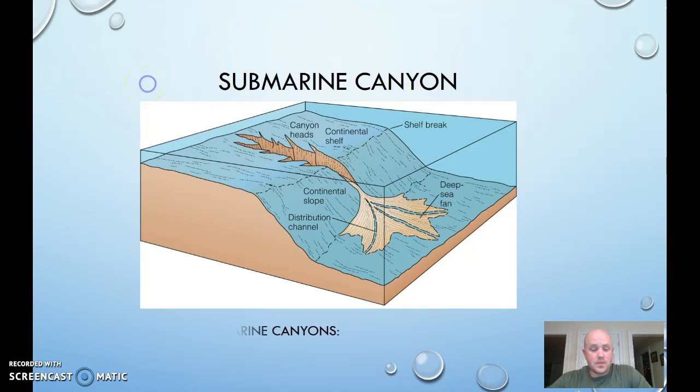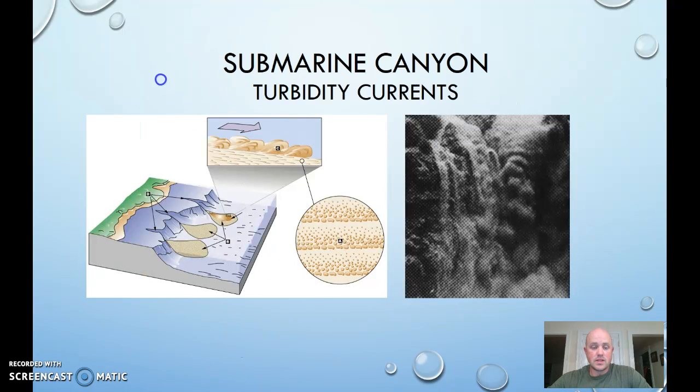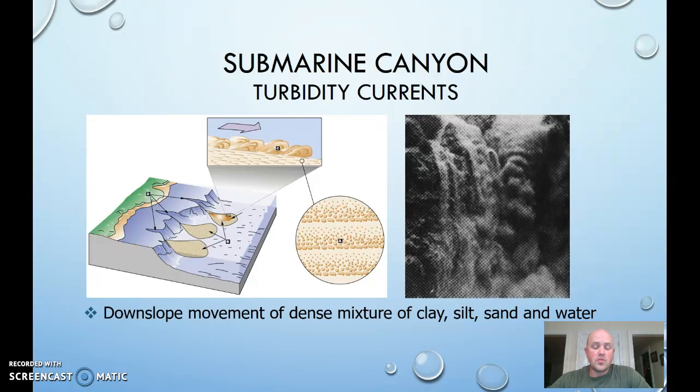Submarine canyons. The origin of them is basically river erosion over time and turbidity currents. And we're going to have a lab later this week on turbidity. So turbidity currents are the downslope movement of dense mixtures of clay, silt, sand, and water, all mixed together.